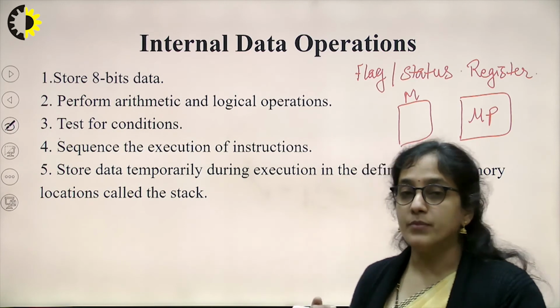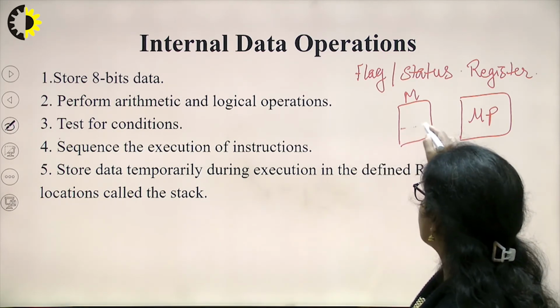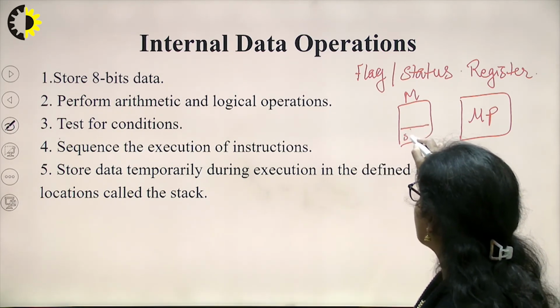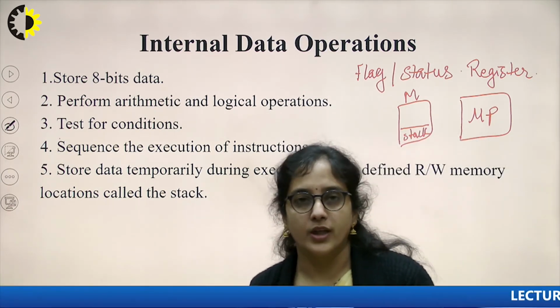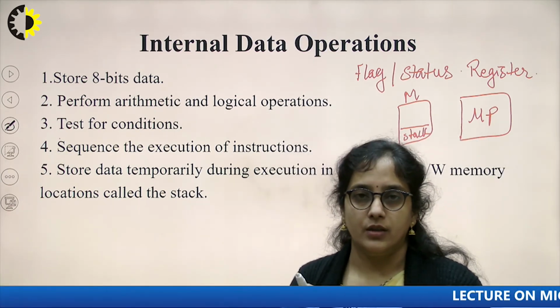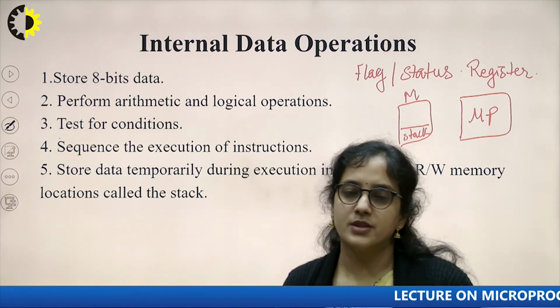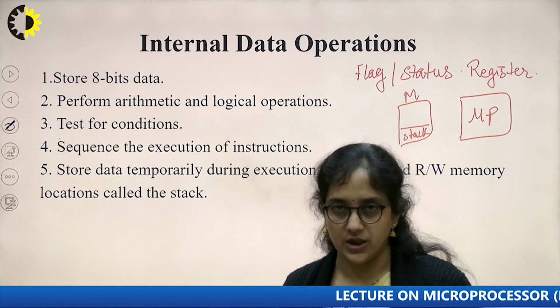So for temporary storage, the microprocessor assigns some part of memory as a stack, and we use this memory location to store our data temporarily. So the microprocessor will initiate this operation internally.